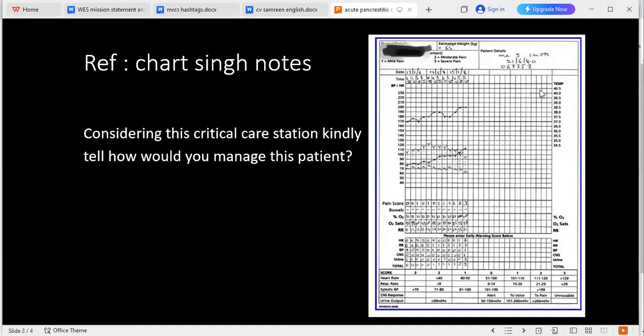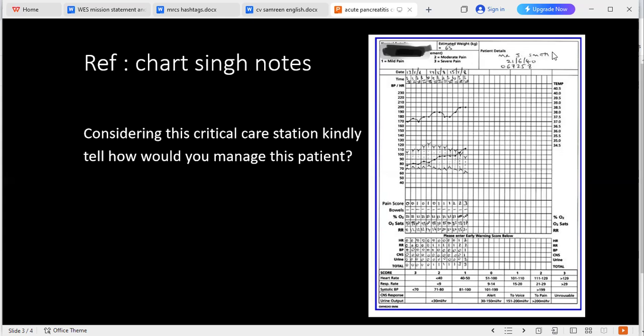You know how to read this graph, right? No, I'm not sure about this graph. Have a look closely. Mild pain is 1, moderate pain is 2, severe pain is 3, so here is the pain score given. Estimated age 65.